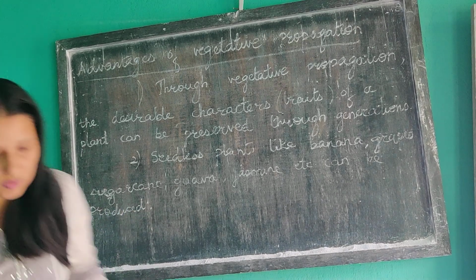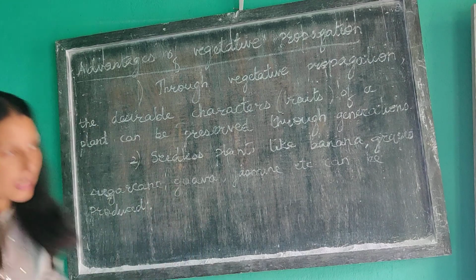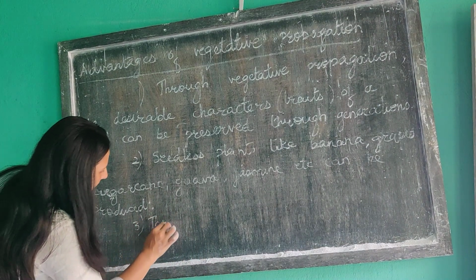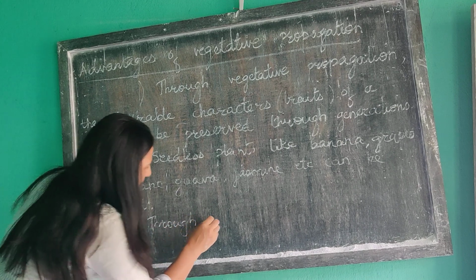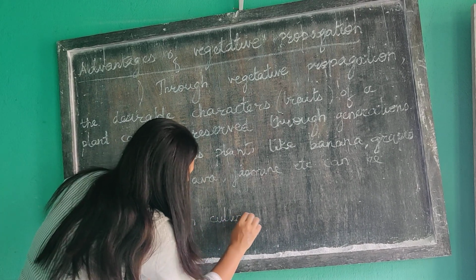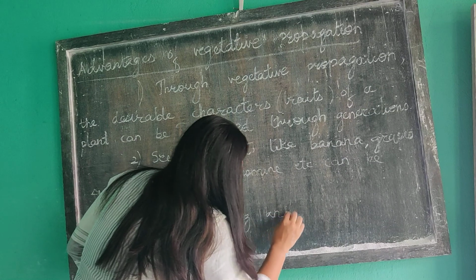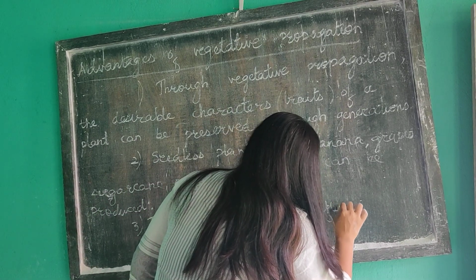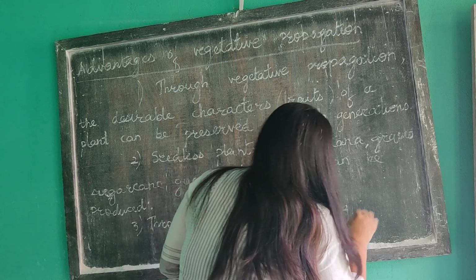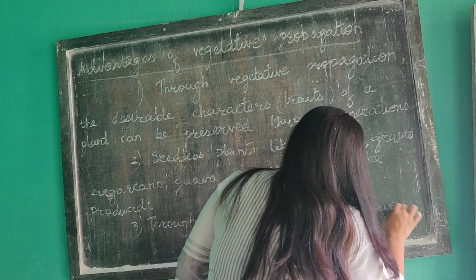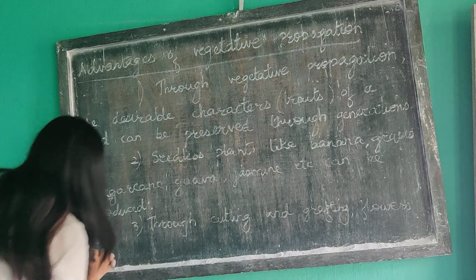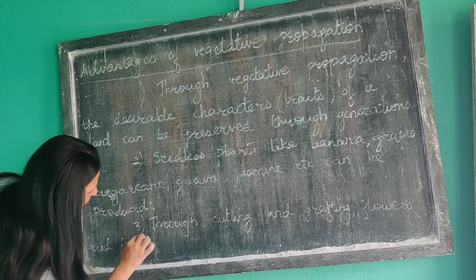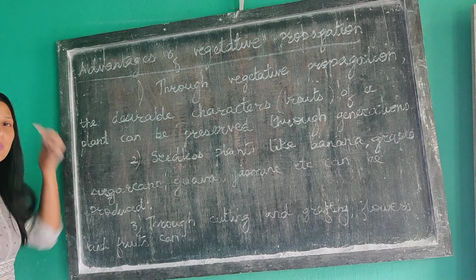Okay, so in this way seedless plants can be produced. And thirdly is through cutting and grafting, flowers and fruits can be developed in relatively shorter span of time.